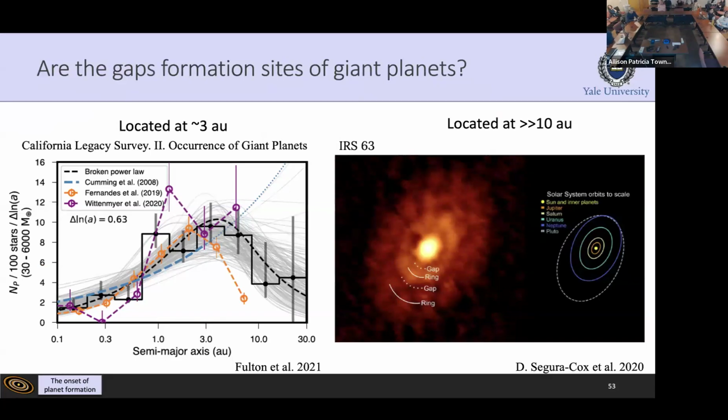But the distribution of giant planets from the California Legacy Survey is located around 3 AU. Also, one orbit across the disk at 30 or 40 AU would take too long to form giant planets. So if you want to form giant planets out there, you need disk fragmentation.